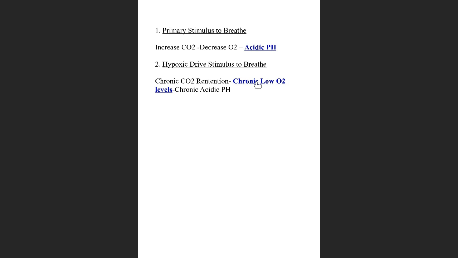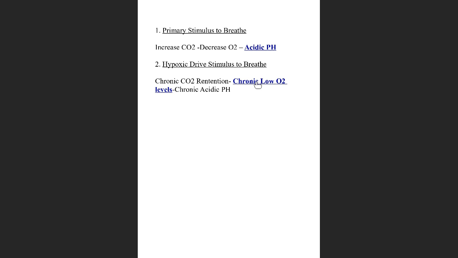Because the high flow may completely shut down the hypoxic drive if that is what they have left. So ensure that you understand the difference between the primary stimulus to breathe and the secondary stimulus to breathe.